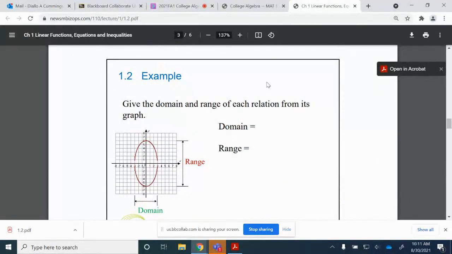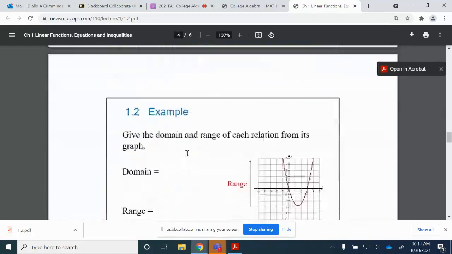And how can you determine if a graph is a function? Okay, we can pull out the domain and the range, right? We can pull out the stretch across the x-axis as our domain values. We can pull out the stretch across the y-axis as our range values.